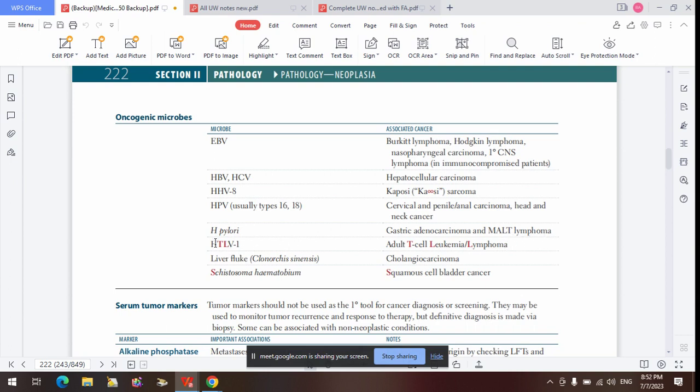So we should not forget that H. pylori can cause MALT lymphoma as well as gastric adenocarcinoma. Both of them actually occur in the setting of background chronic gastritis.